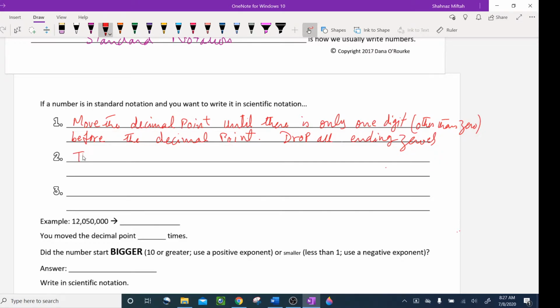Second step: the number of times or places you move the decimal will be the exponent for the power of 10.